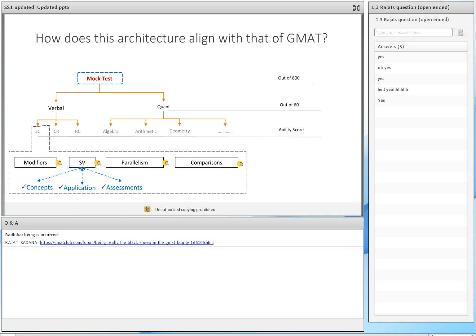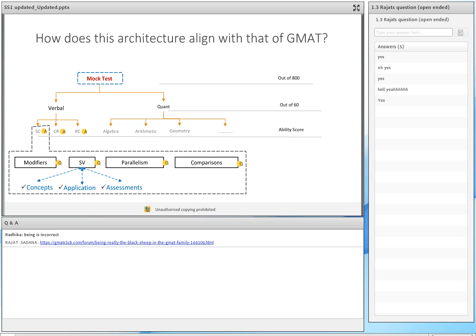If you learn modifiers well, if you learn parallelism well, if you learn comparisons well, there's no reason why your ability in sentence correction would be lower. But if you don't do well in the course itself, you will definitely see that your ability in sentence correction is lower. So you get that feedback while studying.